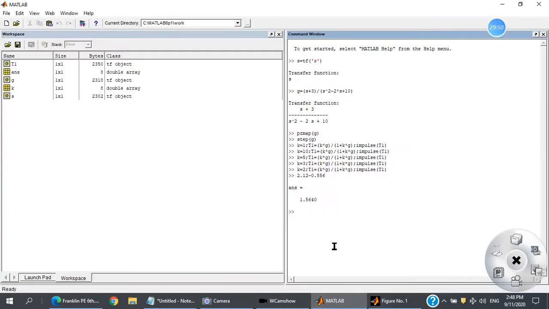So this is the answer, right? Just divide this one times this one times 0.125. This is 0.1955. Alright, I can use these three numbers to give a PID controller.